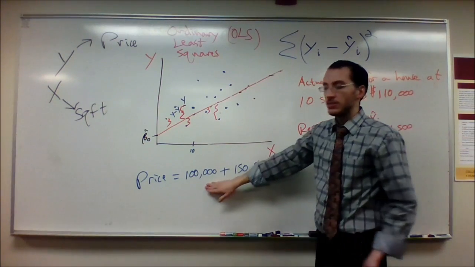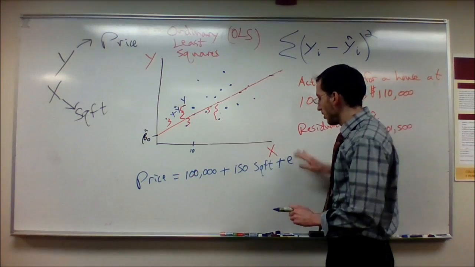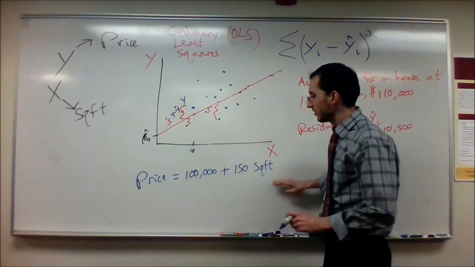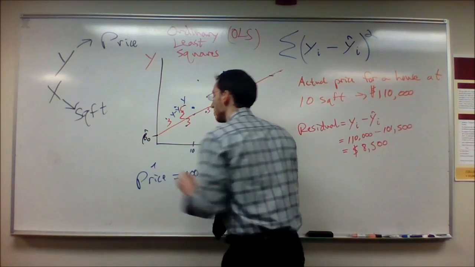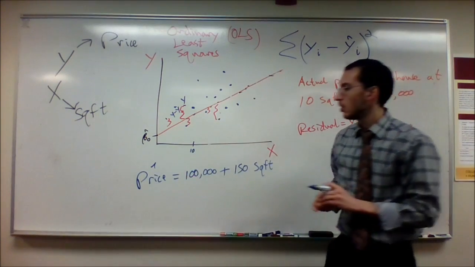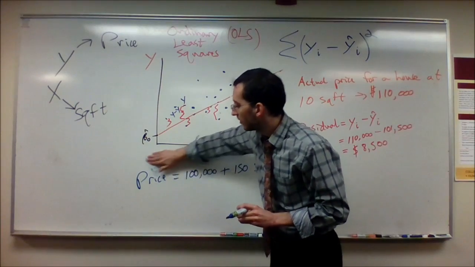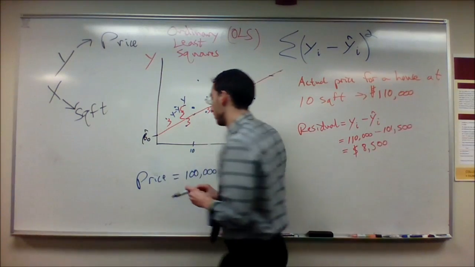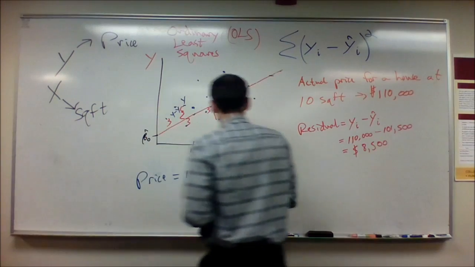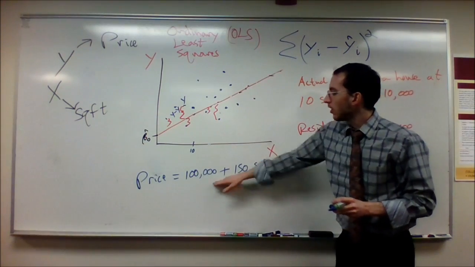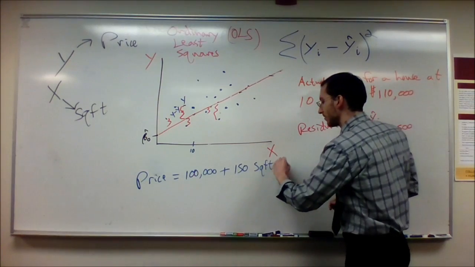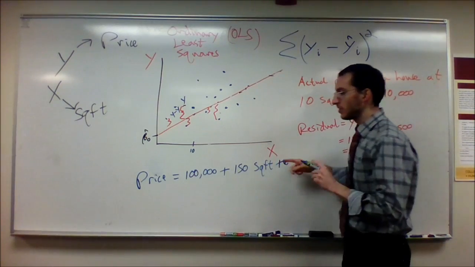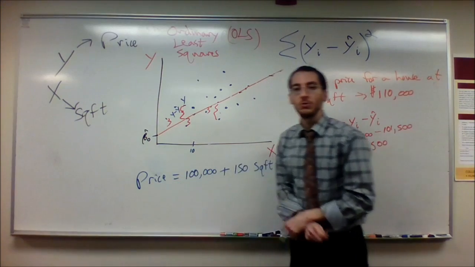So you can think about our estimated model in two ways. You can think about it as giving me a value on the line, and so I use a little hat to show that. Or you can think of it as starting on my line here, and then adding in whatever the residual is to get me back to the actual price.